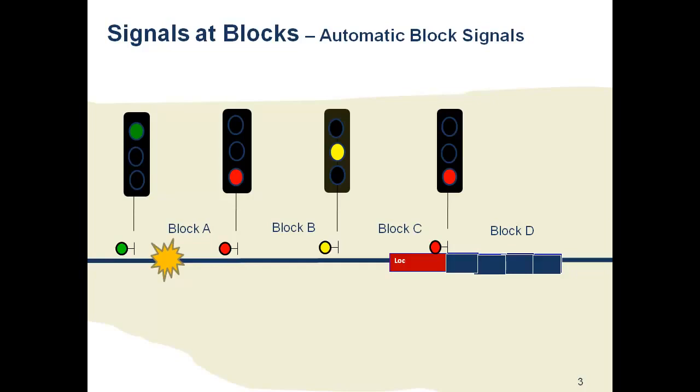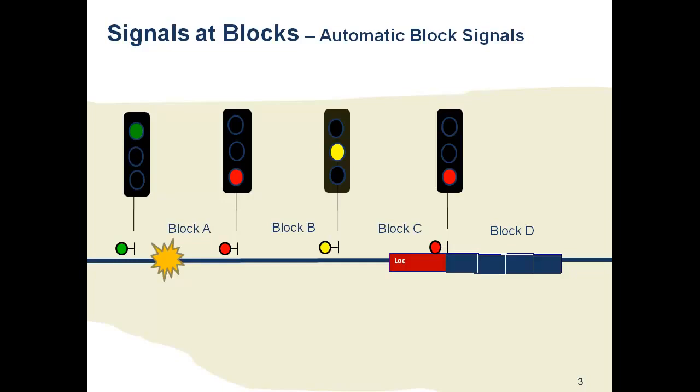But all too frequently, this is not the way it is. In some control centers, the dispatcher only gets information at junctions and passing tracks, but not at each block. This is why when a train is out in the countryside, the dispatcher may only know the train is somewhere between two interlockings, which may be 10 to 15 to 20 miles apart.